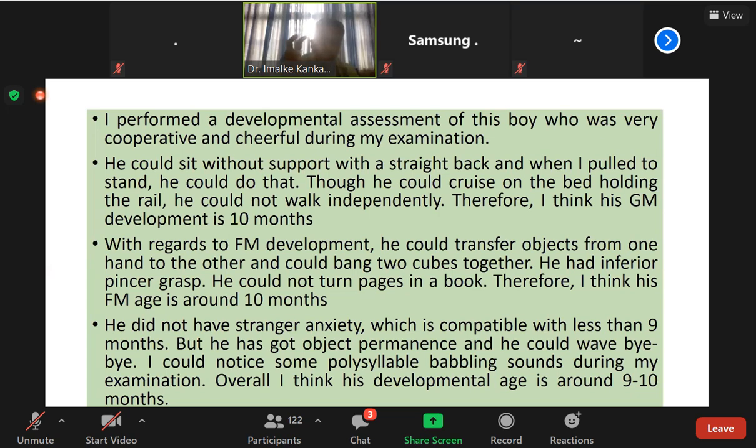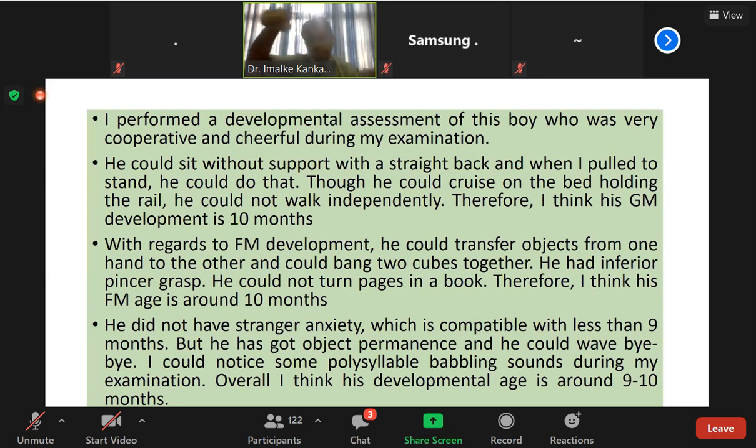Just keep an idea. Okay, cube, beads, book, crayon, and reaching for objects, banging objects, hiding objects. Then walking around furniture. I'm pretty sure no one will be able to.